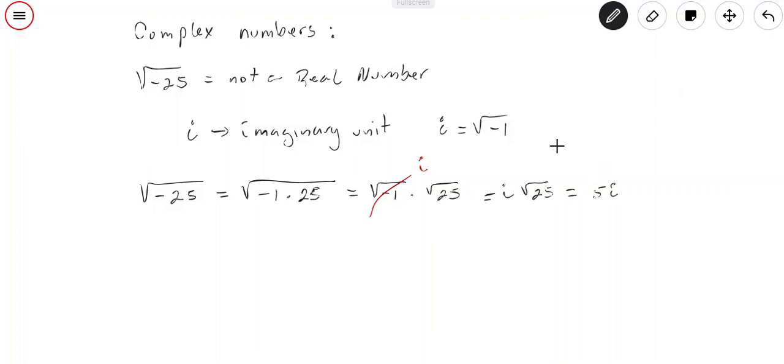So once we know this imaginary unit i, we are ready to introduce what a complex number is.